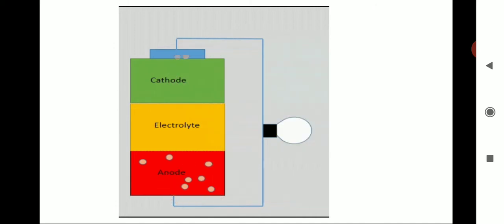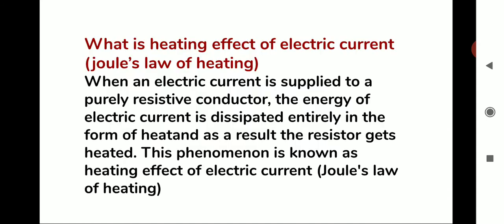Okay, and this phenomenon is called heating effect of electric current. So what is heating effect of electric current? The current in the conductor provides energy in the form of heat, and this phenomenon is called heating effect of electric current.